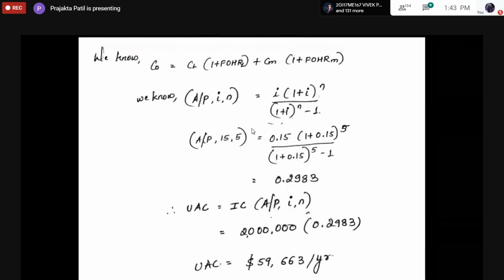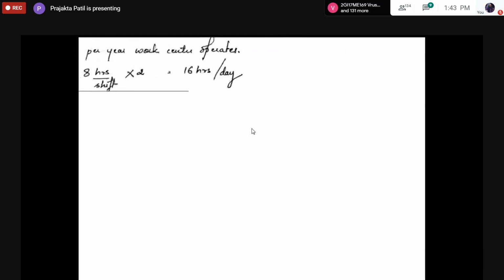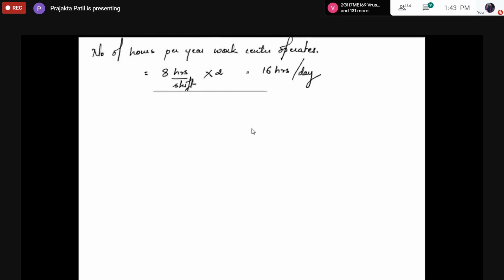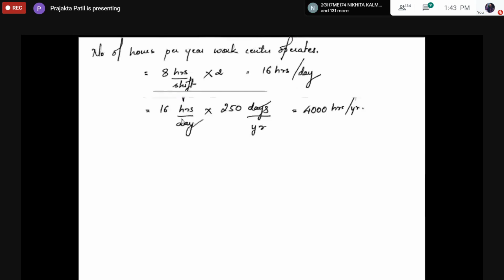Once you find UAC, you find the number of hours per year the work center will operate. As I said, it is 2 8-hour shifts, so it will be 16 hours per day the machine is operating. Like that, it is operating for 250 days in a year. So it is 4,000 hours a year.